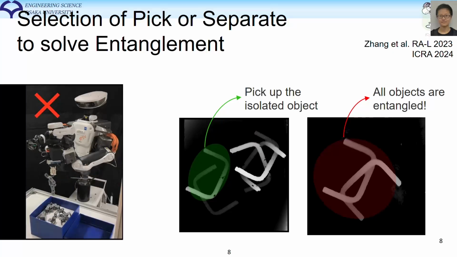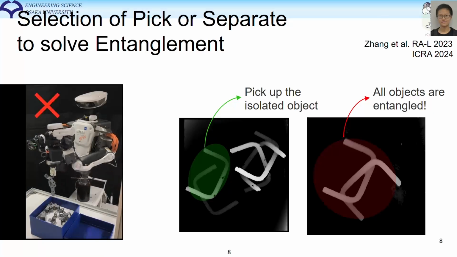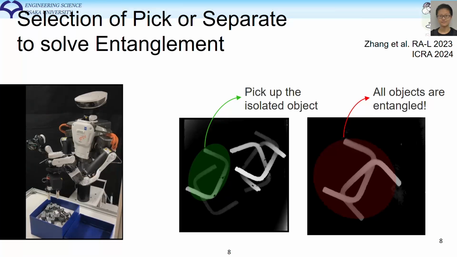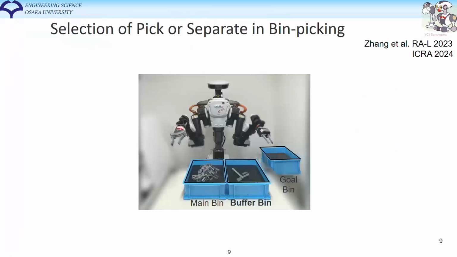But after picking the isolated parts one by one, there is no isolated part remaining. So in that case, we have to actively disentangle the tangled object. So this is the strategy.